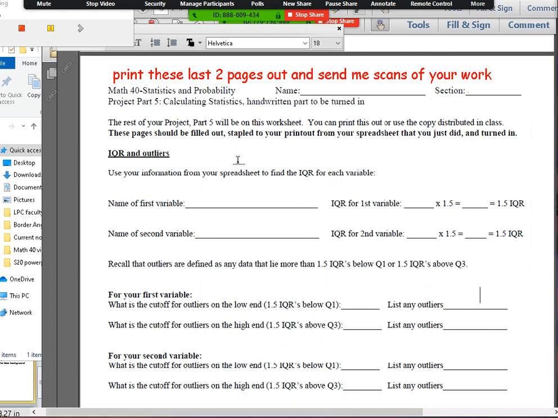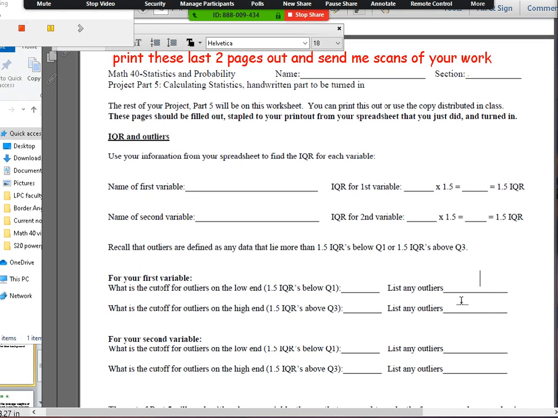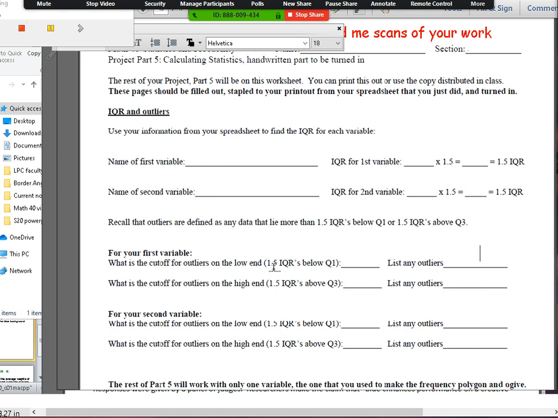So here it talks about, you find the IQR, you guys remember how to find that, Q3 minus Q1, and then multiply it by 1.5. So you find 1.5 IQRs, and that's how much you're going to jump to find your cutoff. So remember, the outlier cutoff is going to be 1.5 IQRs below Q1, so you're going to take Q1 and subtract this amount, and then it's above 1.5 IQRs above Q3, so you're going to take this amount and add it to Q3 to find out your cutoff on the top, and then write down any outliers you have.